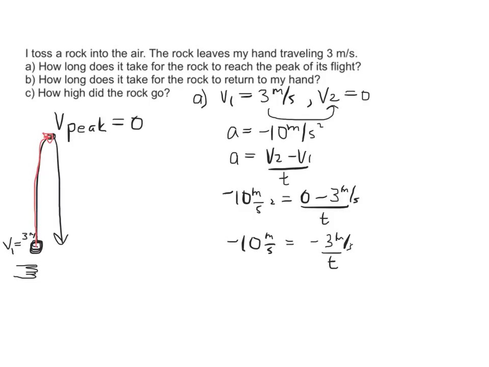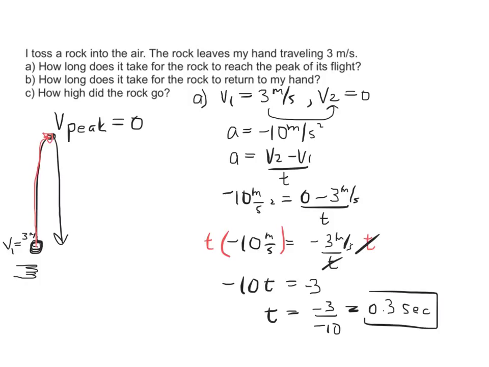To do so, I'm going to multiply both sides by time. I get negative 10t equals negative 3 because these cancel out. And then t is going to be negative 3 divided by negative 10, or 0.3 seconds. So the time to go up is 0.3 seconds.